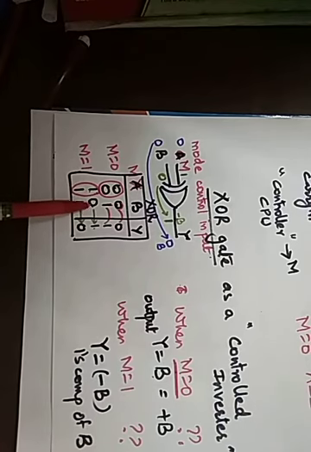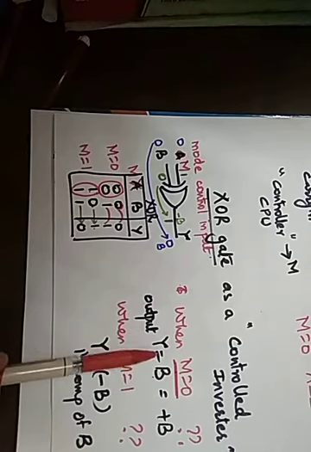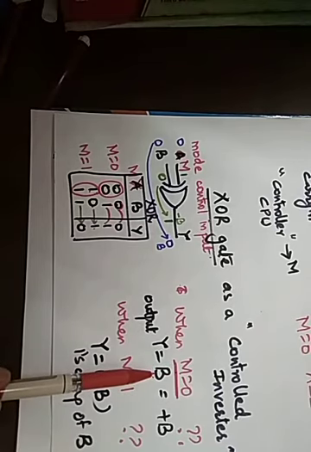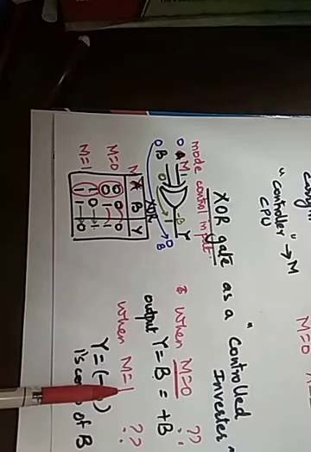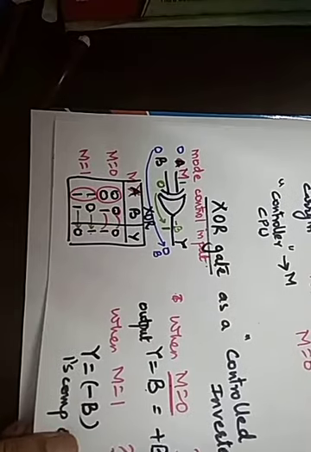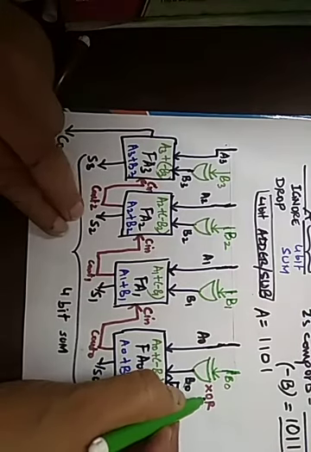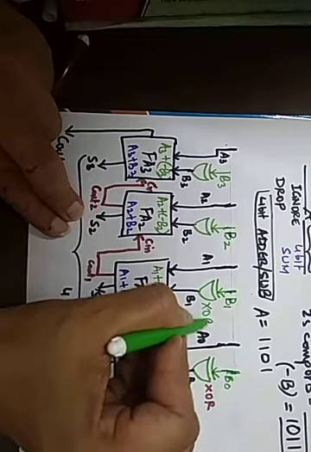If B is 0, Y is 1; B is 1, Y is 0. So we had analyzed this as when M is 0, Y is the same as B. And when the input M is 1, the output Y is the complement of B, which is nothing but minus B. The same can be translated in the circuit by adding an XOR gate in the B input.